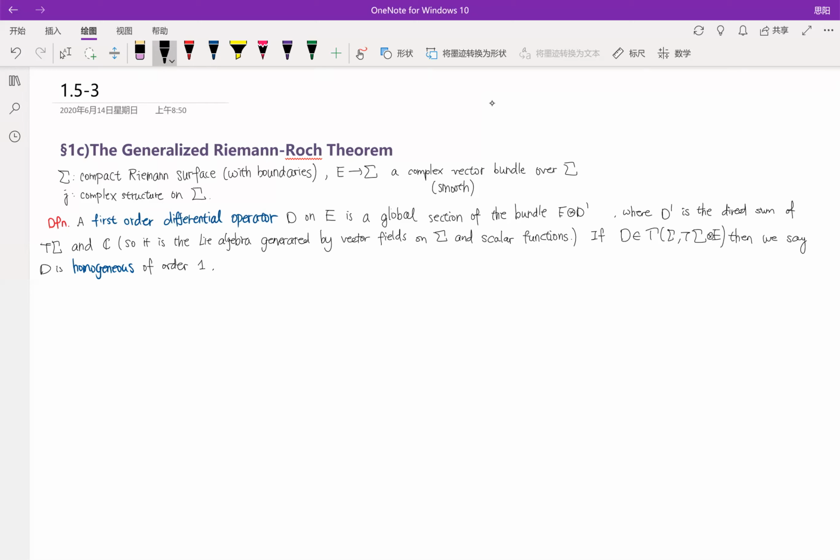And if we have order 0 terms, that is D will be like the tensor product of X plus some matrix A and tensor with S, where S is the global section of E, then D is not homogeneous.